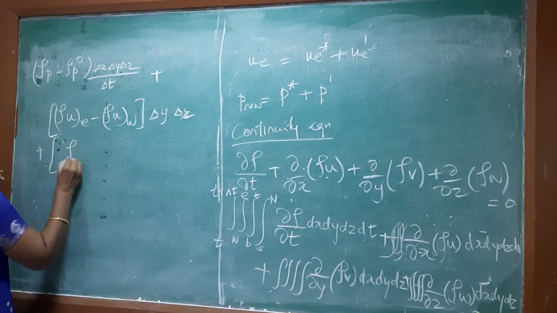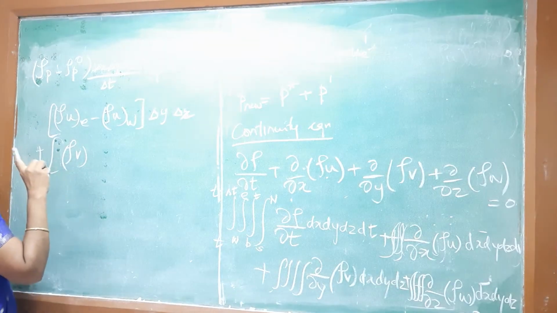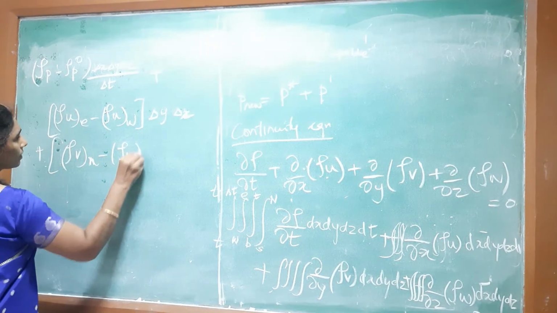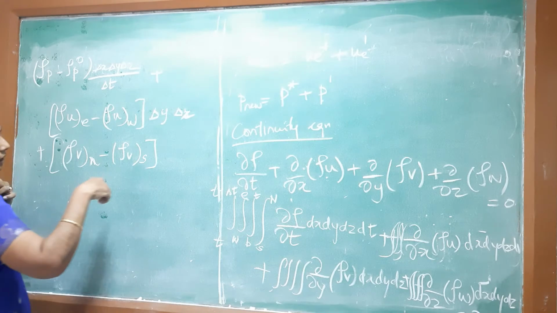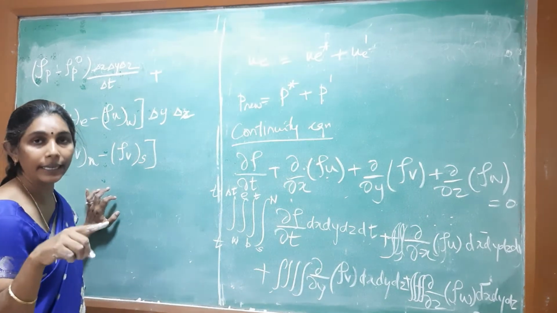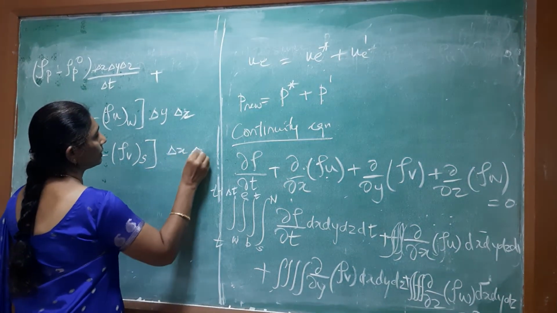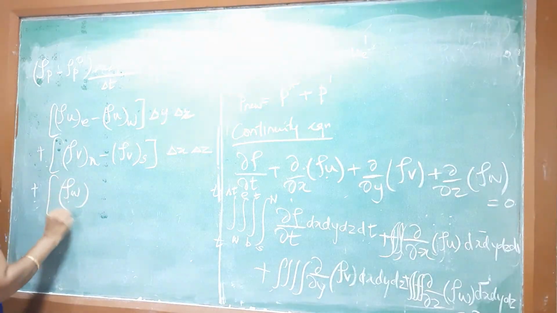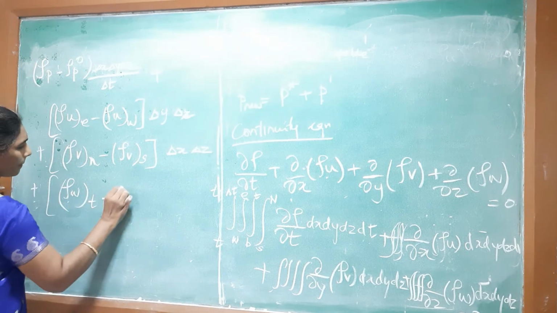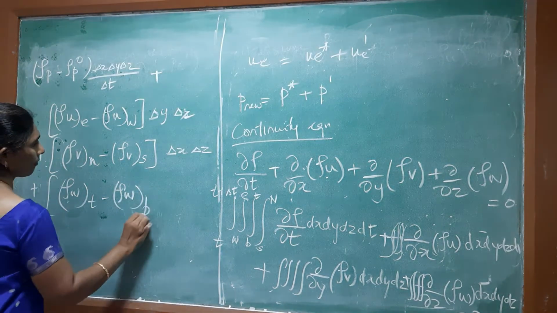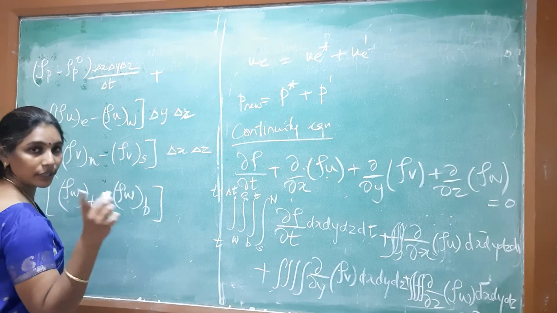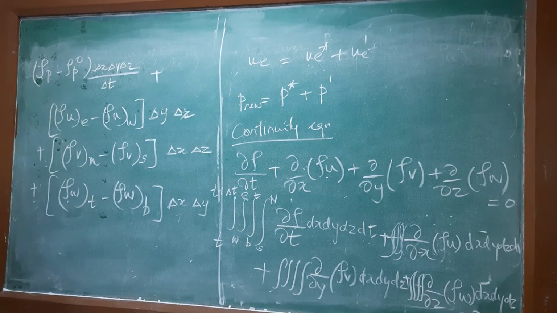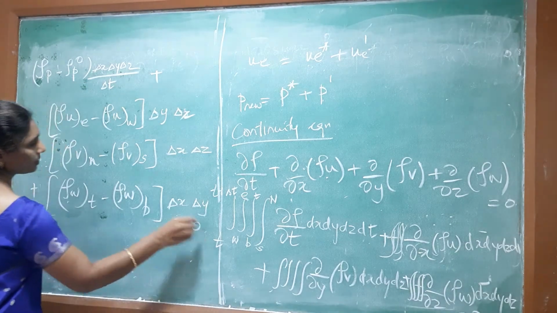Plus rho v, and this is from north to south, so n minus, yes, we have taken the y direction, so it should be del x and del z, plus rho w, it's from top to bottom, this is z axis, so we have to take x and y, del x and del y, right? That is equal to 0.